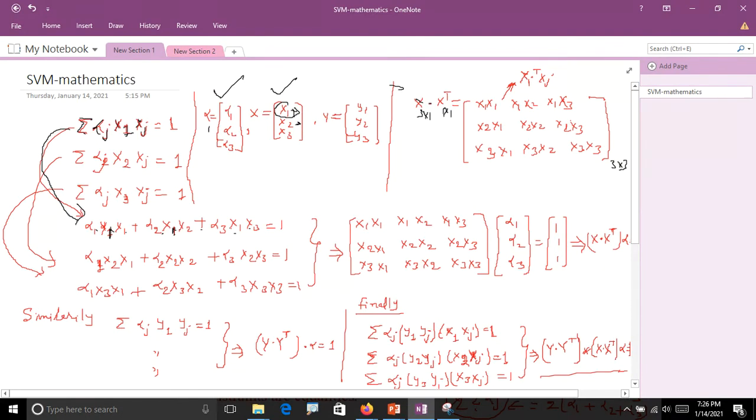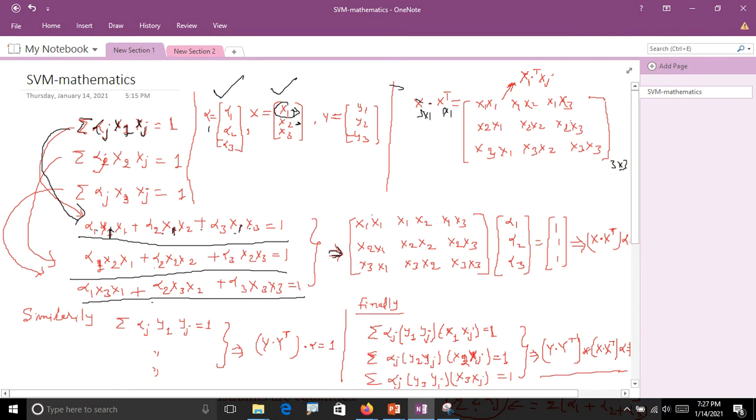Okay. Similarly, if you have the same equation with x2, you will get like this. Now if you take alpha common, these equations can be simplified as a matrix. So matrix X, alpha would be here.